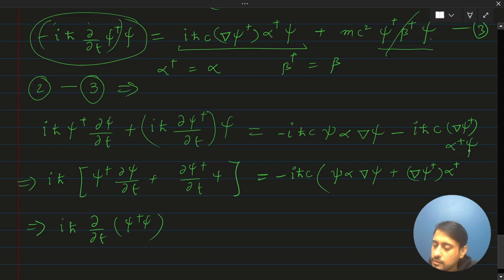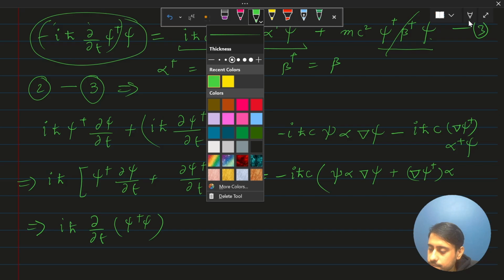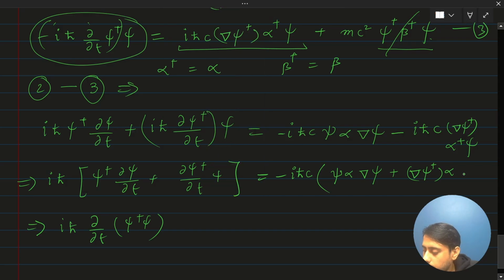So better let's replace it now, replacing α† by α.